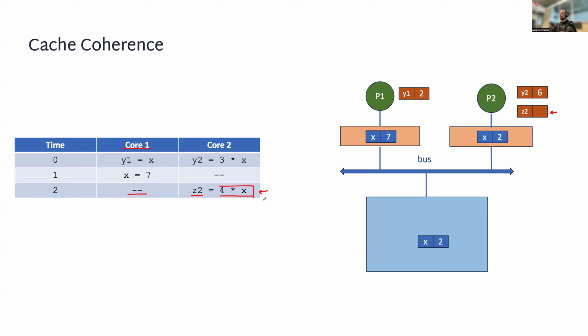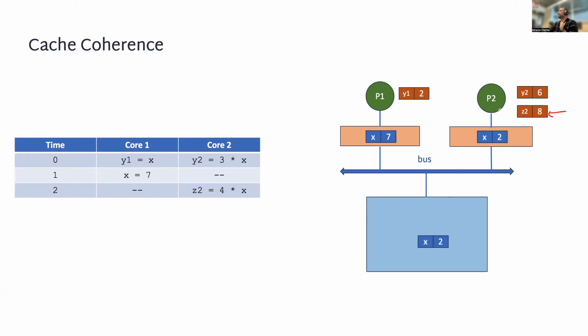Is it going to be 28 or is it going to be 8? I think 8 because it's not updated. It should be 8 because it's not updated in the second cache. Yes, so it's going to be 8.